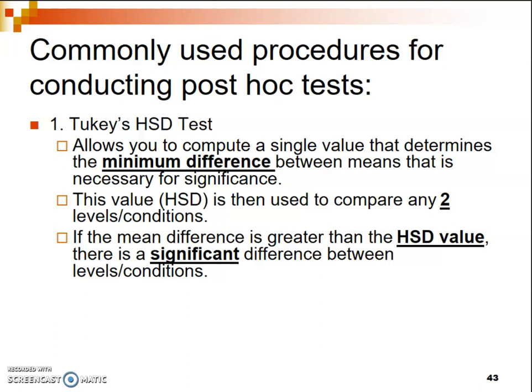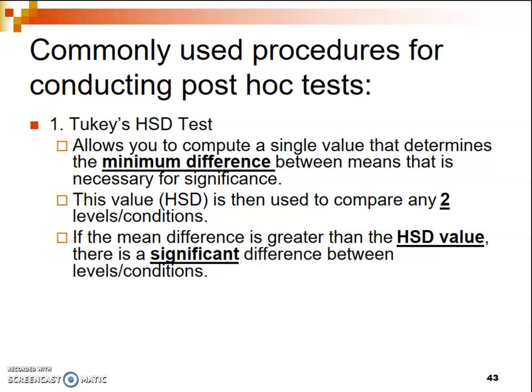So this might make a little bit more sense as we continue through an example, but the main thing to remember is that we're going to calculate a single HSD value, and after we calculate that value, then we can use it to examine our differences between our different means.